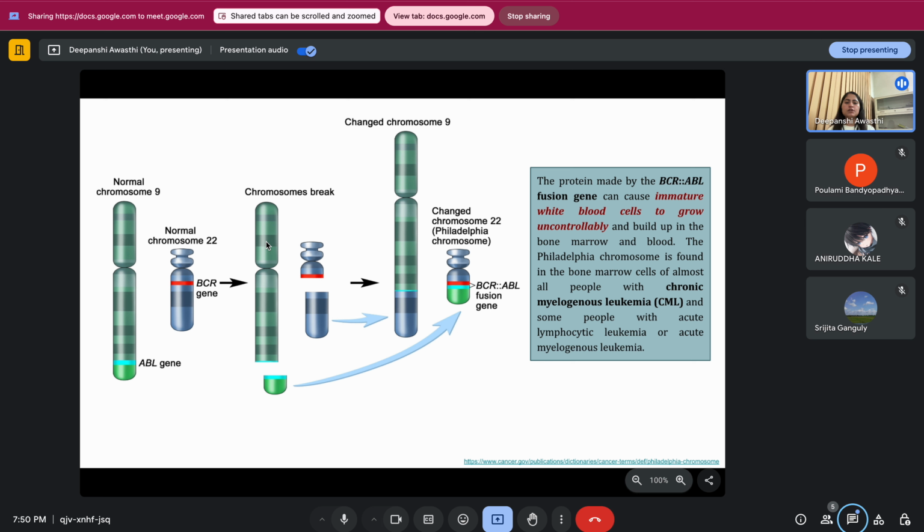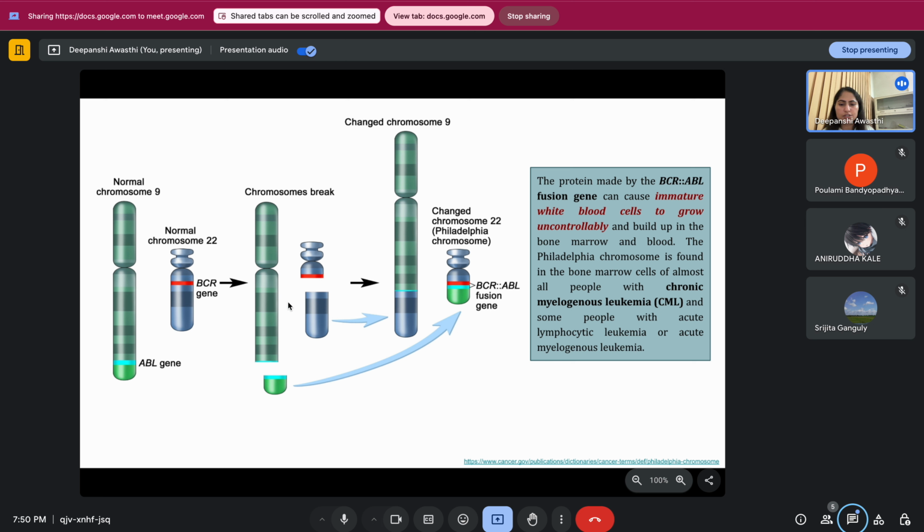Now we'll see what the Philadelphia chromosome means. Whenever in chromosomes 9 and 22 there is a translocation of a chromosomal segment, chromosome 22 has the BCR gene and chromosome 9 has the ABL gene.